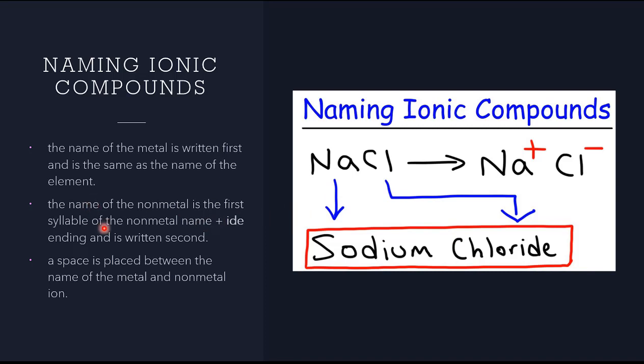And when we write it, it's the first syllable of the nonmetal name plus "ide," and it is written second, right? So for NaCl, the Cl becomes chlor, the first syllable, plus "ide." So all together, it will be sodium chloride. And we do have a space between the name of the metal and the nonmetal.